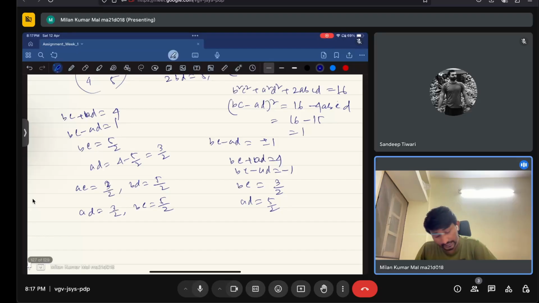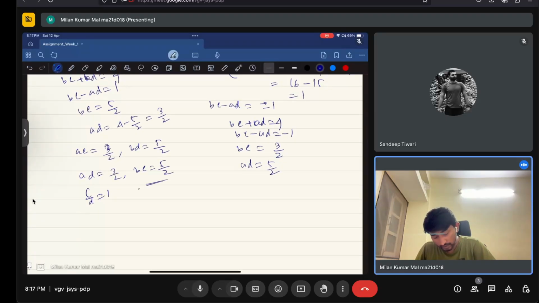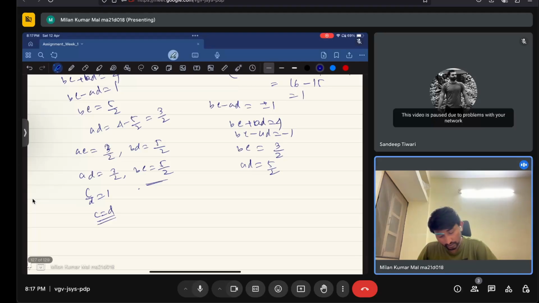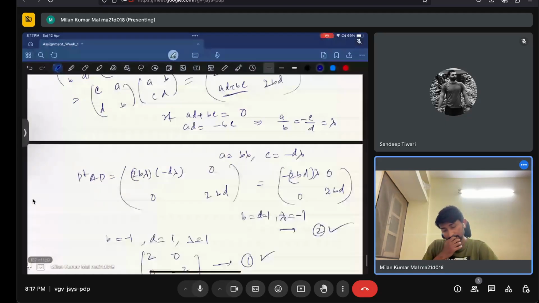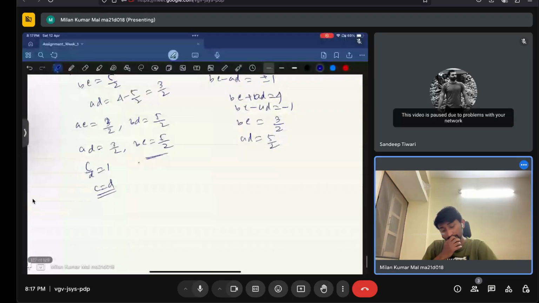So what we can say is that C by D equals 1, and here we also get C by D equals 1, so C equals D, right? And here similarly, C equals D. So I think we can have a solution, that's what I want to say. If we take C equals D equals 1, then one can check A equals 3 by 2 and B equals 5 by 2. Then we are done.